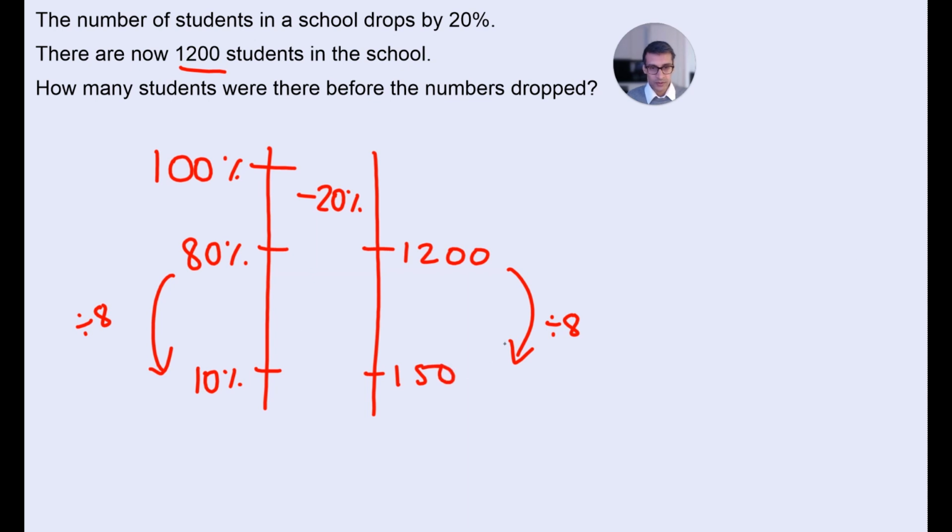So you would work that out on the side somewhere. And then we're going to go up to 100. So times 10, so that will give you 1,500. That's your answer, 1,500. Now this says how many students were there before numbers dropped, so that's your 1,500.